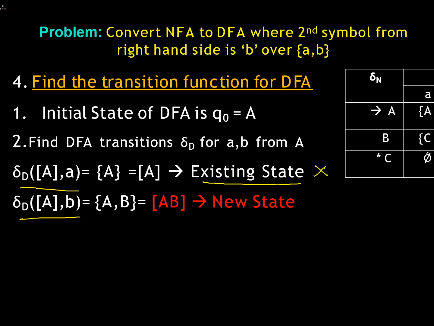On B it goes to AB, which is a new state, so try to include that in your DFA. And now try to find the transition on this AB.